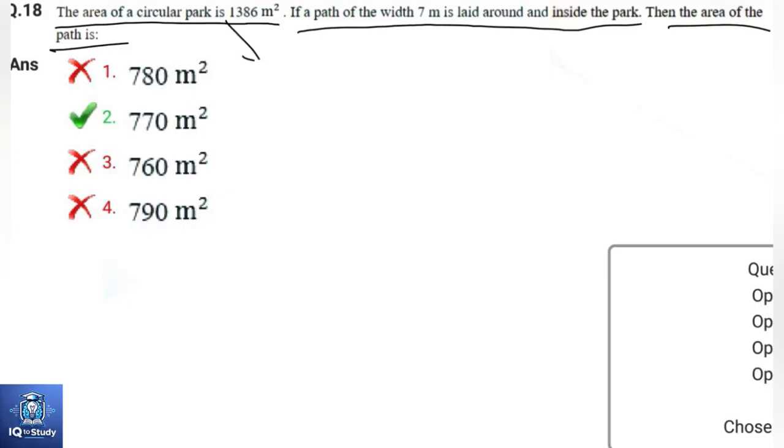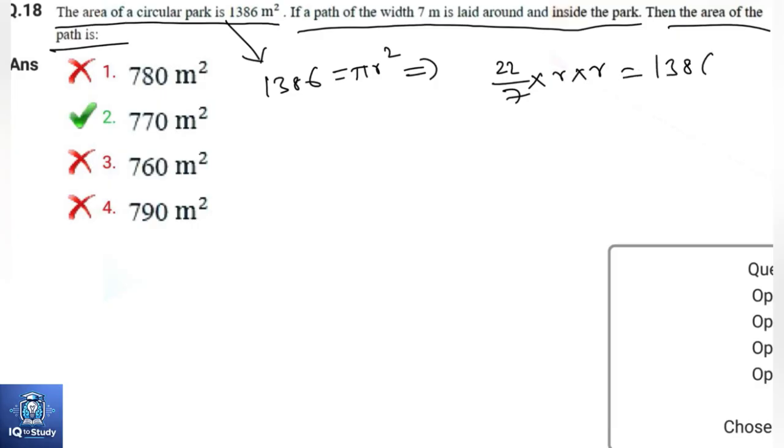Given the area of circular path is 1386 square meters. We know that area of circle is pi r square. It implies 22 by 7 into r square is equal to 1386. After simplifying, it becomes r square is equal to 441, which means r is equal to 21 meters.